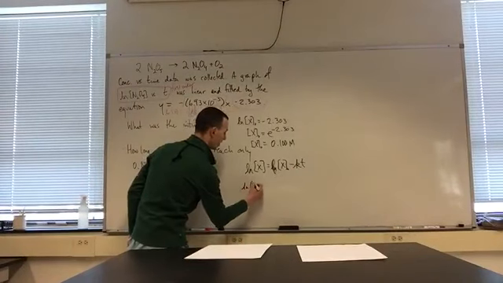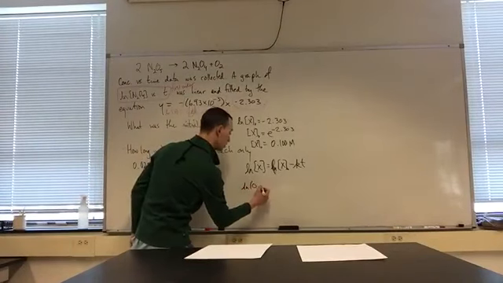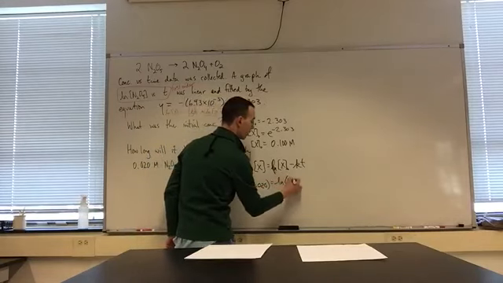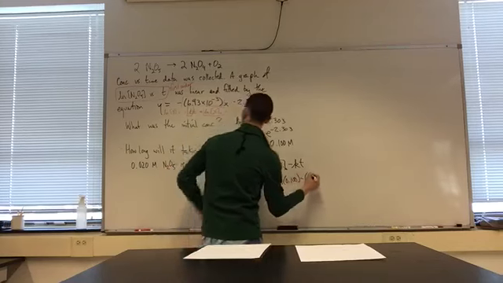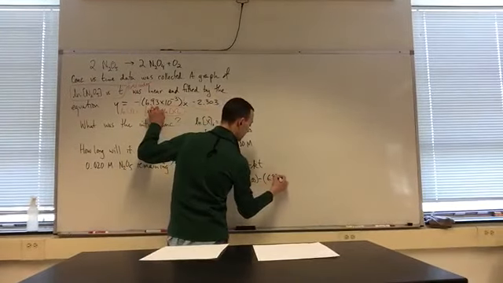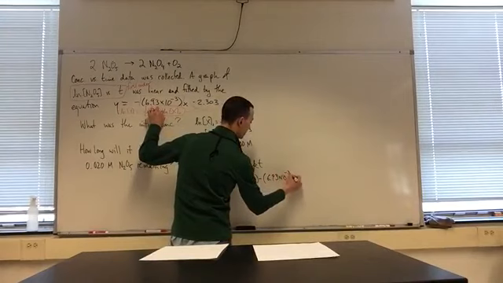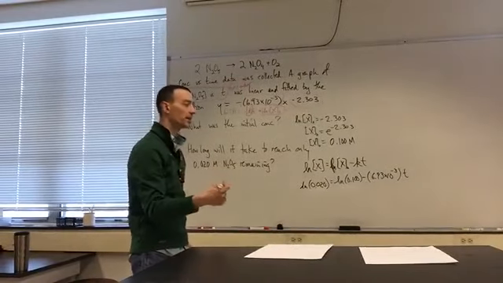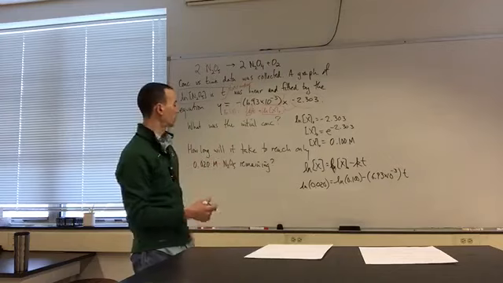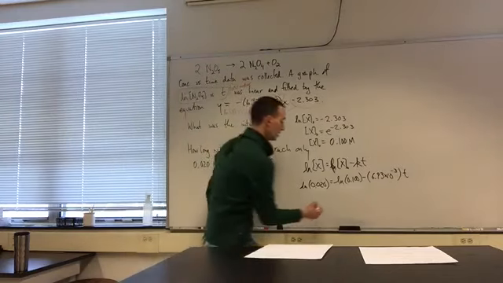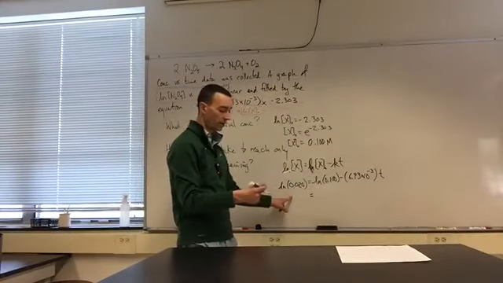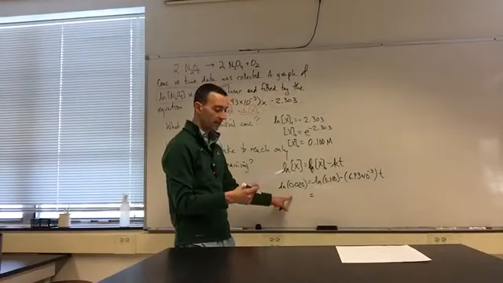So the ln of 0.020, that's our final concentration, equals the ln of 0.1 minus, then our rate constant is 6.93 times 10 to the minus 3. Technically, its units are reciprocal seconds. I would assume the graph was in seconds, but whatever the time units are, they're going to have to be the same. Okay. So to solve this, we would subtract the ln of 0.1 over to the left side here.